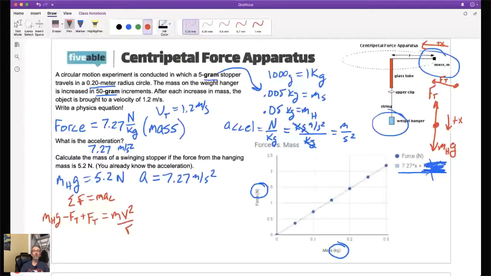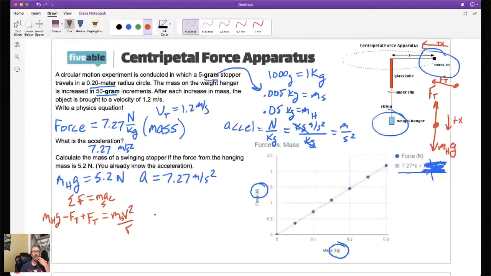Well, it's the only one that is generating the centripetal acceleration or experiences it, because this doesn't move. It can't be accelerating. But this one up here does. And that's how I know that this mass is the mass of the stopper. So that's something that I think is really important for you to realize.